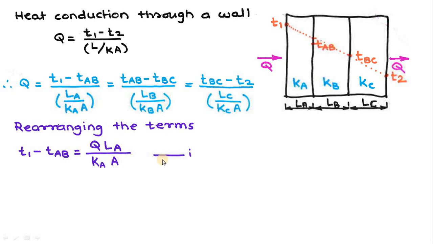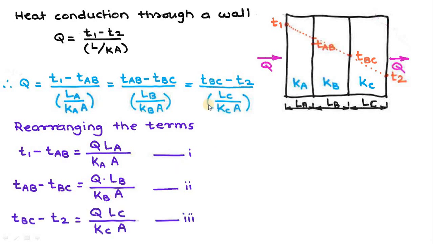This will be equation number 1. Similarly, if I rearrange the terms for the second expression, it will be Tab minus Tbc is equal to Q Lb upon KbA. And if I take the last expression, Tbc minus T2, it is equal to Q Lc divided by KcA.